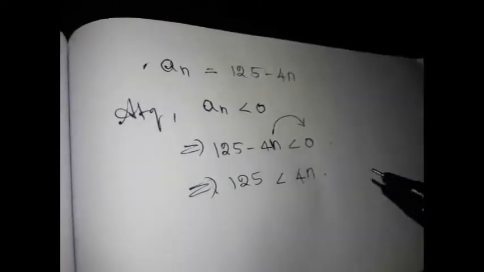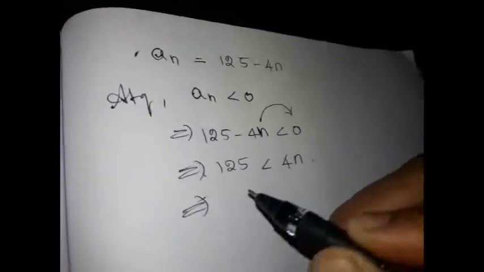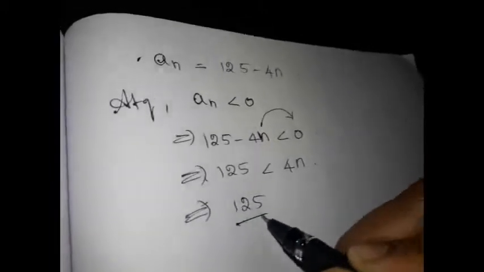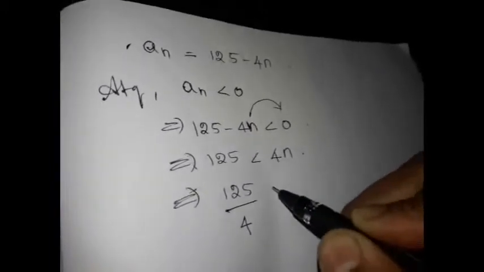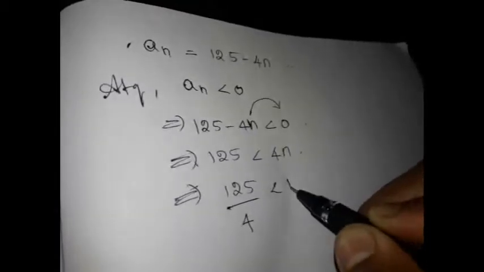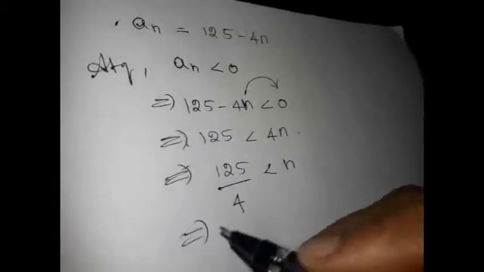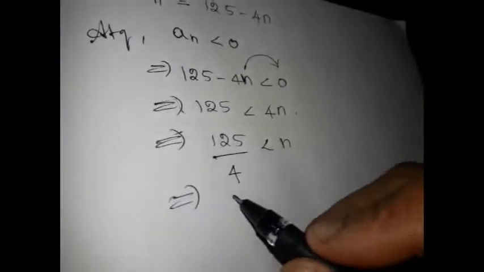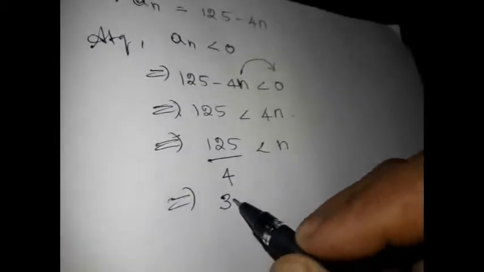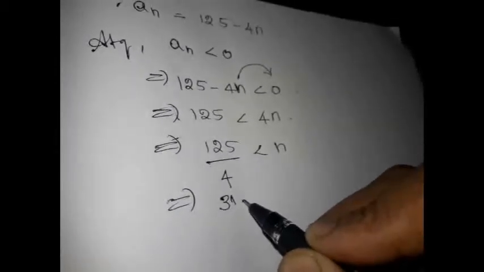So this implies 125 is less than 4n, right? So this implies 125 divided by 4 is less than n. What is 125 divided by 4? 4 3s are 12, then 4 1s are 4, 31.25 is less than n.